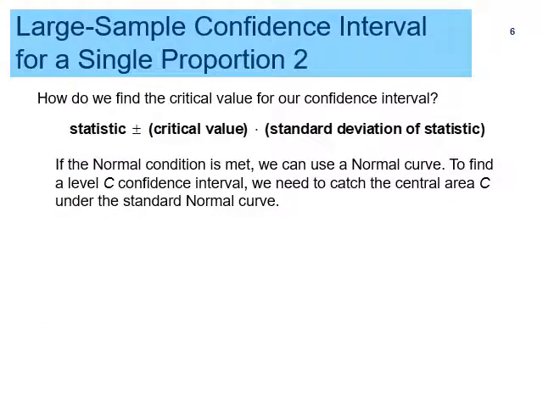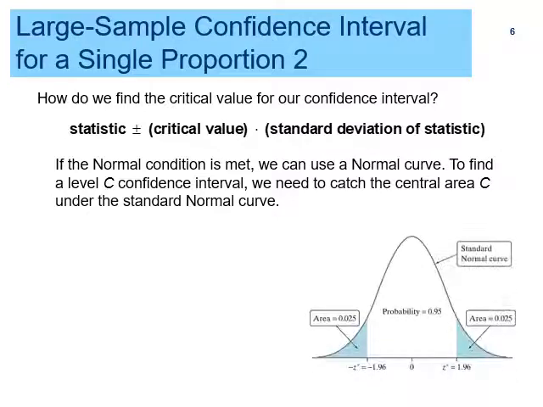Now the question arises: how would we find the critical value for our confidence interval? If the normal conditions are met, you can revise the sampling distribution chapter, where there are assumptions, to see whether they are satisfied. If the normal condition is met, we can use a normal curve to find the critical value for a confidence level C. We need to capture the central area C under the standard normal curve.